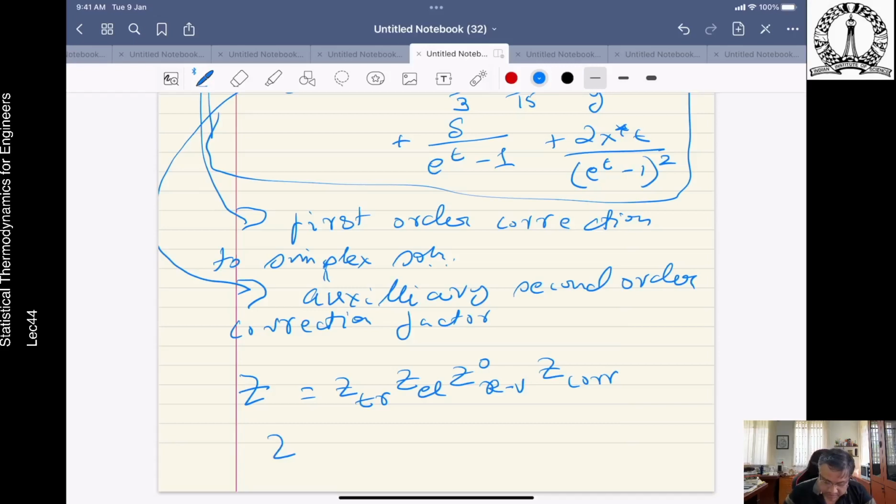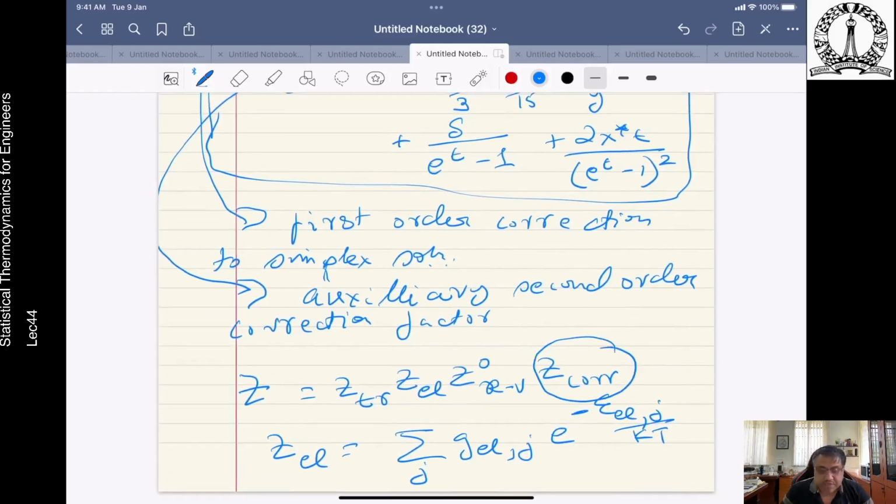Okay, where your Z electronic is given as the sum over J of g EL J e to the power of minus epsilon EL J by kT. So all terms, except you can see this particular term over here, can be calculated in the same fashion as for the rigid rotor harmonic oscillator model, except that you use T and y instead of theta V by T and theta R by T.